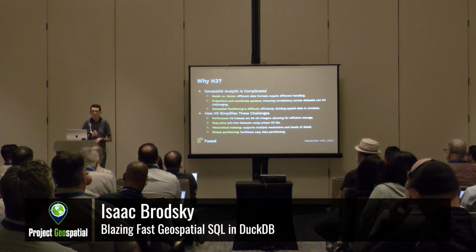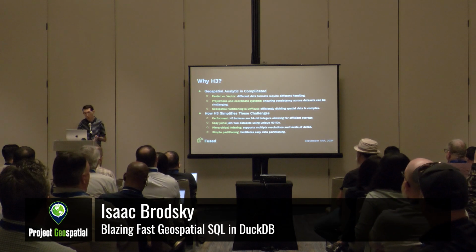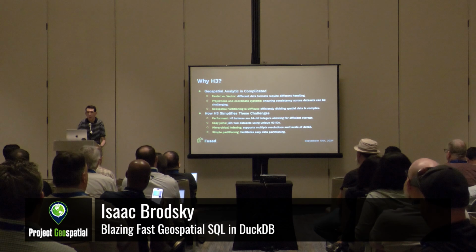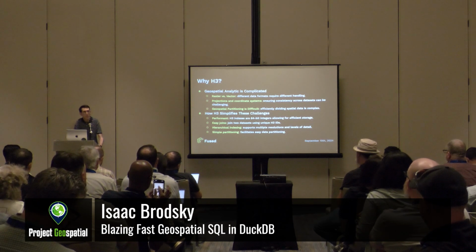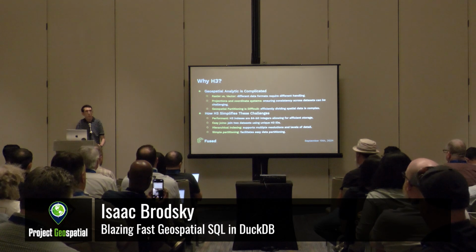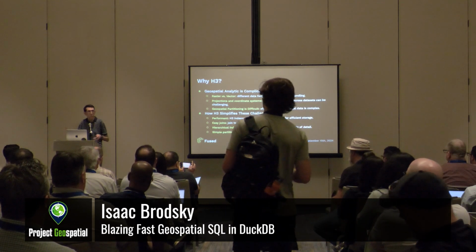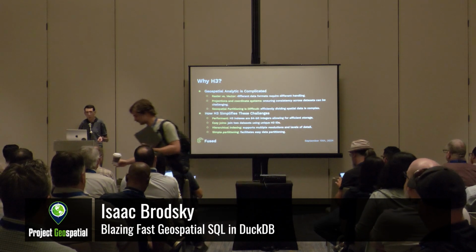And the thing that H3 helps with is, I think, a couple of key points that you want to get from it. One is that it gets this data into a form which is computationally very easy to work with. It gets it into these 64-bit integers that we can do bitwise arithmetic on, we can do partitioning on and queries on.